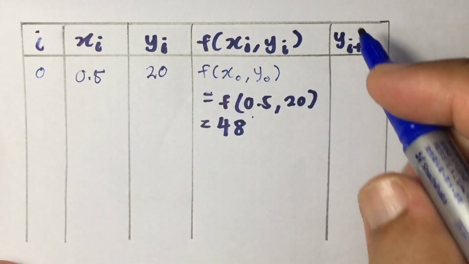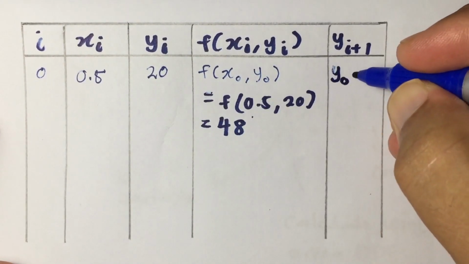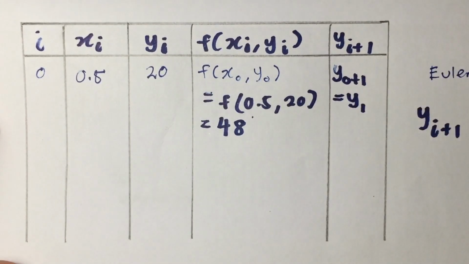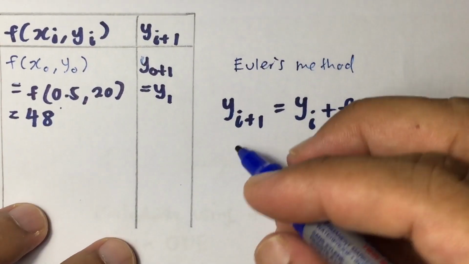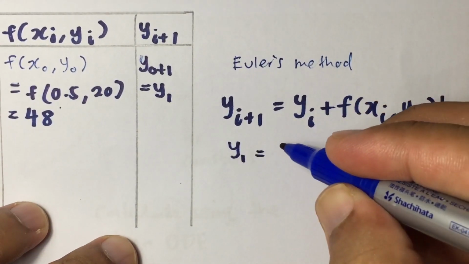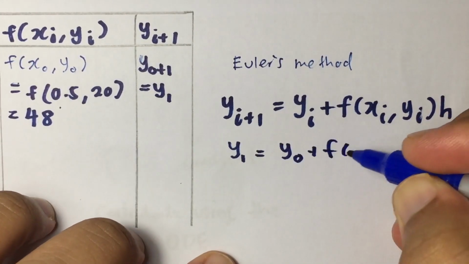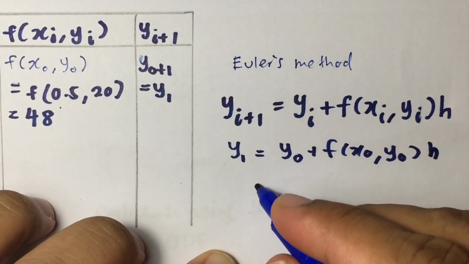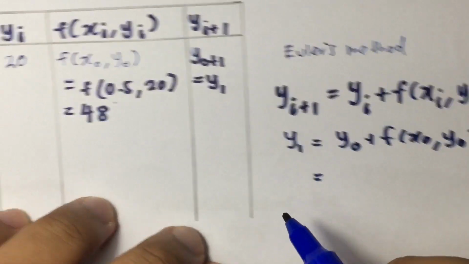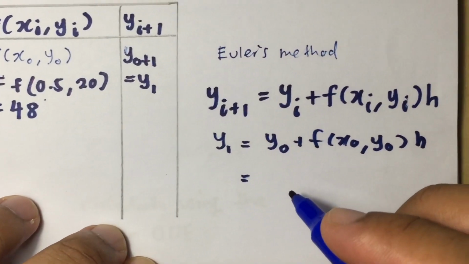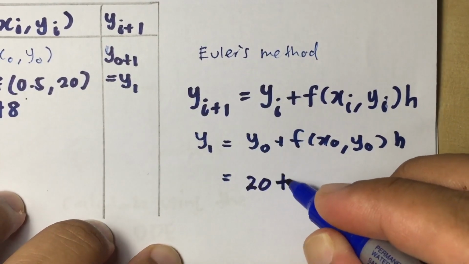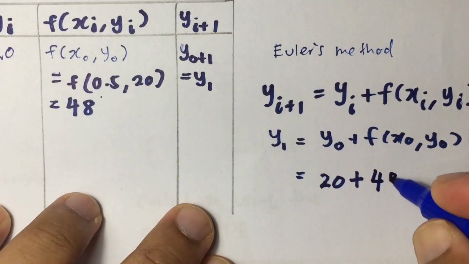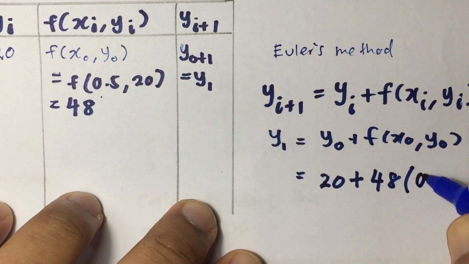So y_(i+1) becomes y_(0+1), which is equal to y_1. Using Euler's method, y_1 is equal to y_0 plus f(x_0, y_0) times h, which is 20 plus 48 times h, where the step size is 0.5.